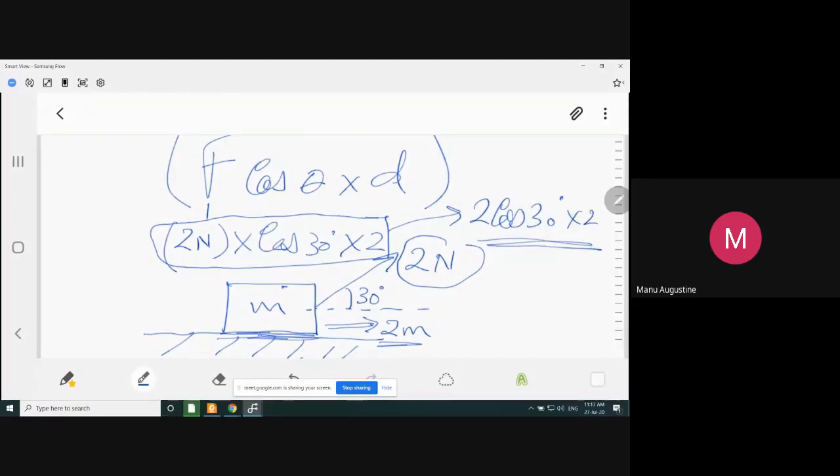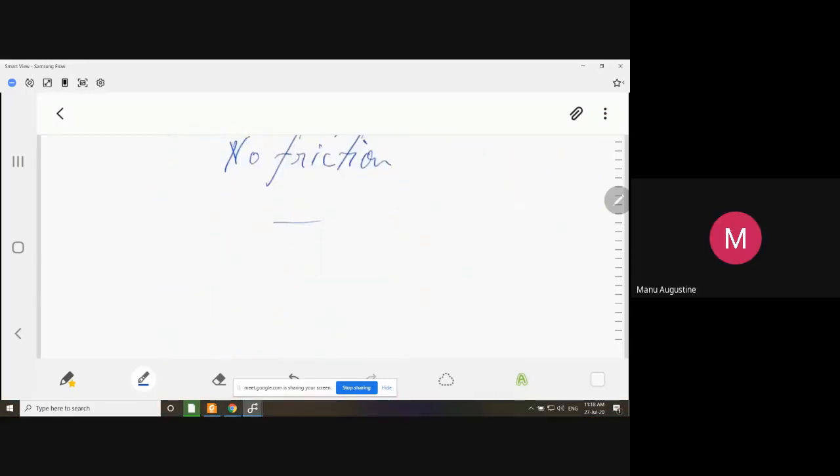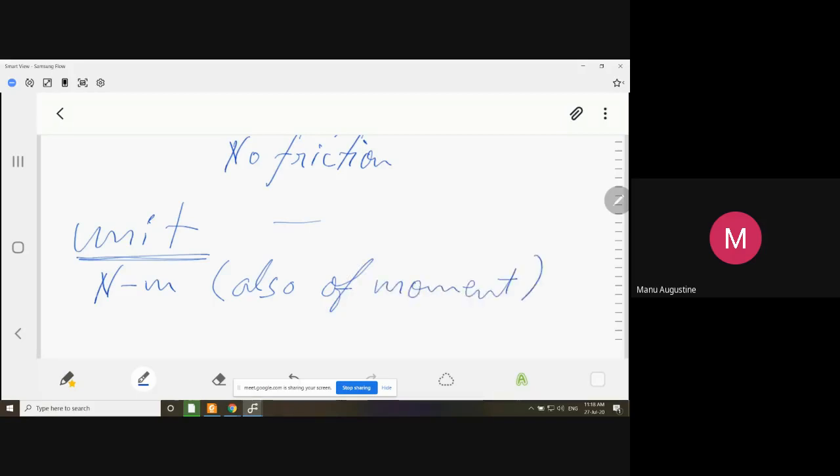And what is the unit of work done? Joule. The unit of work done can either be written as Newton meter, which, if you recall, is also the unit of moment. Moment is force multiplied by distance, right?